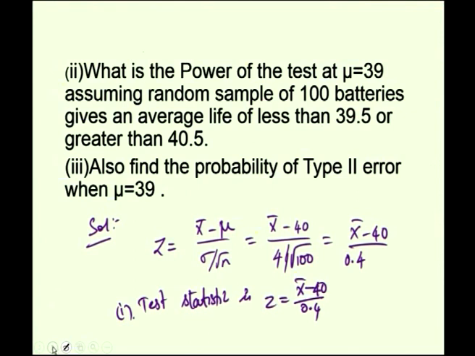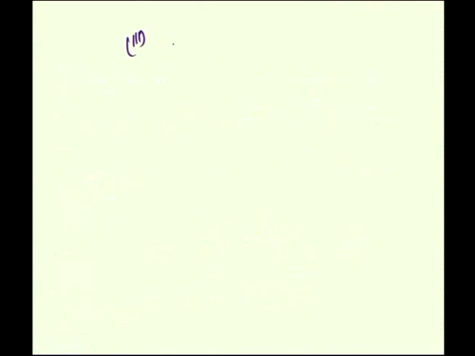What is the next question? What is the power of the test at mu is equal to 39, assuming a random sample of 100 batteries gives an average life of less than 39.5 or greater than 40.5? When the power of the test is found out, you can usually find out the probability of type 2 error, right.